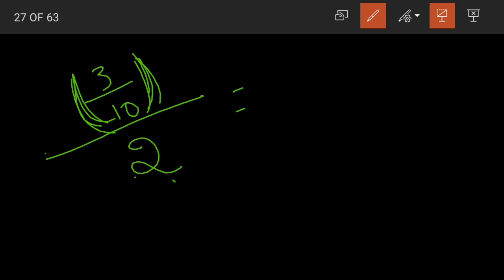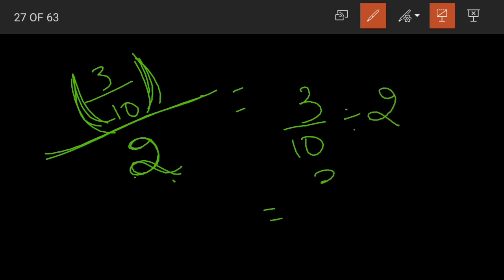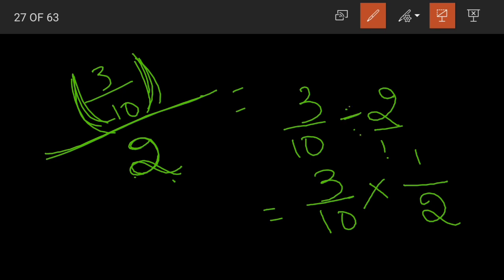We are dividing it into 2 equal parts. And what is the value of each part? How do we find out? We divide the given length with 2. Yes, 3 by 10 divided by 2. How will we write it? 3 by 10 into 1 by 2. Am I correct students? See, 2 is nothing but 2 by 1. Division is replaced with multiplication, and 2 by 1 we take the reciprocal, that is 1 by 2.